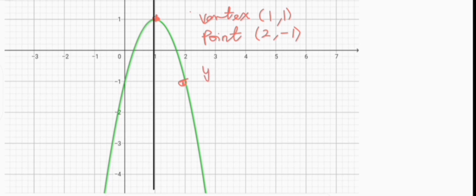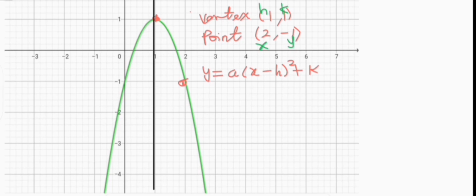Don't forget that the vertex form of a quadratic function is given as a times x minus h squared plus k, where in this h is 1, k is also 1, x is 2, and y is negative 1.